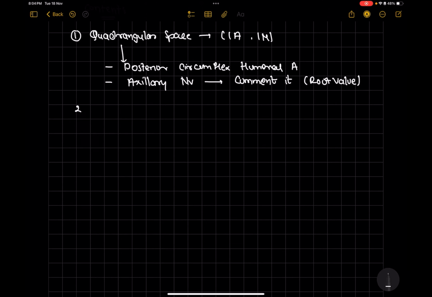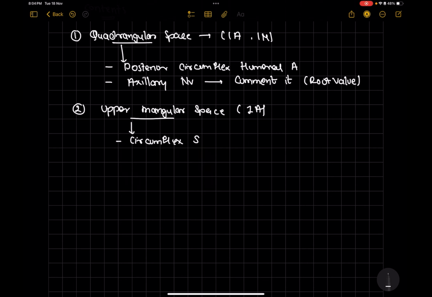Coming to your upper triangular space. In your upper triangular space, you only have one thing, that is one artery only. What is that artery? That is the circumflex scapular artery. And last is your lower triangular space.